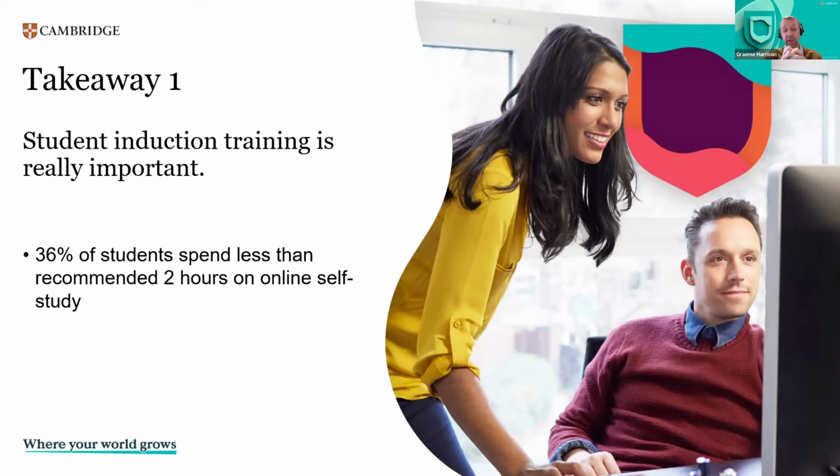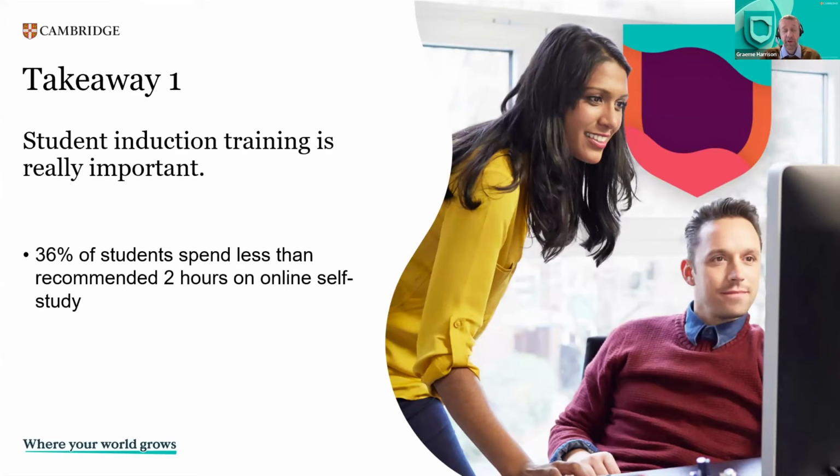But the first takeaway really was not so positive, but interesting nonetheless, was that 36% of the students were spending less than the recommended 2 hours on online self-study. So they'd been given this online self-study that they had to do, but over a third of them were not completing it.